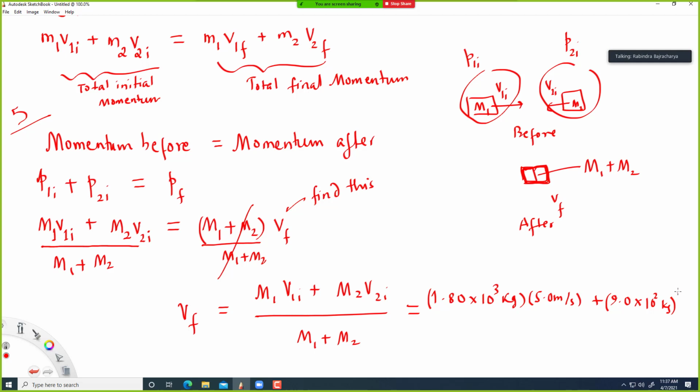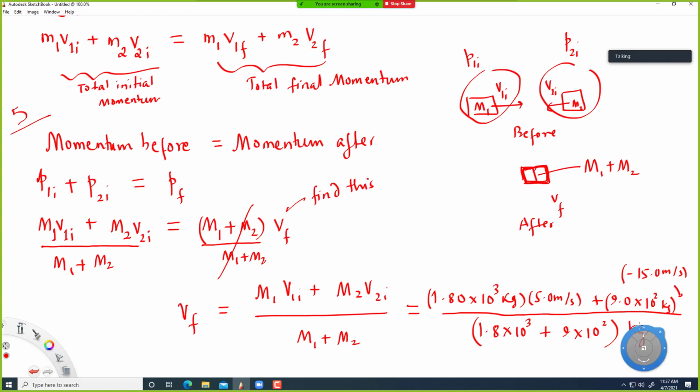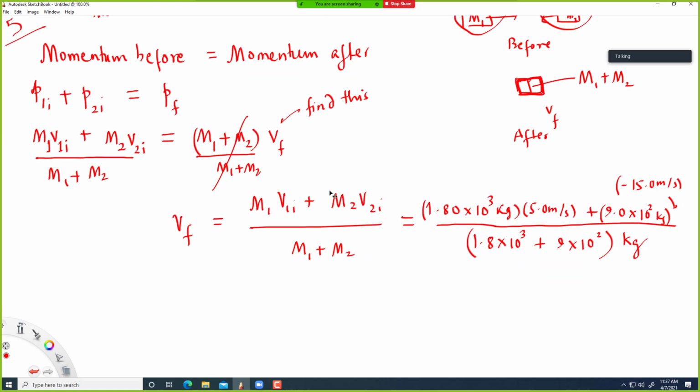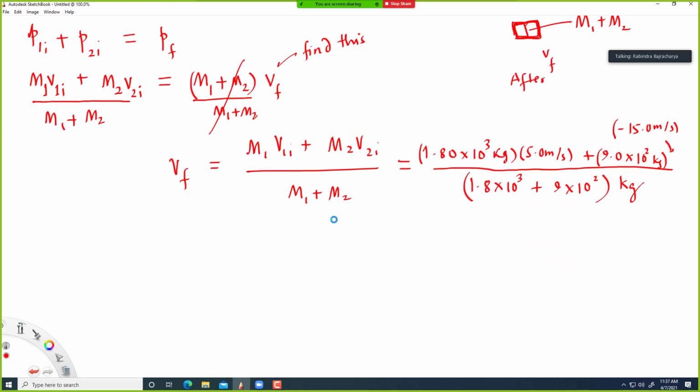And velocity is, it's westbound, so negative 15 meters per second. And then that over mass 1, 1.8 times 10 to the 3, plus mass 2, 9 times 10 to the 2 kilogram. So let's do the calculation. I don't have the answer for this one, so you guys need to tell me the answer.